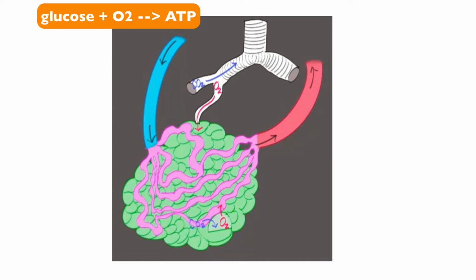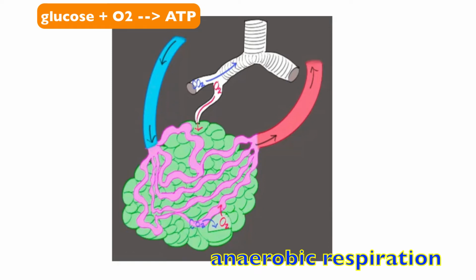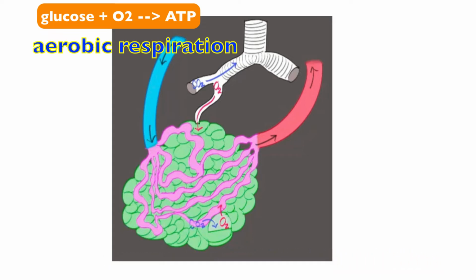I just want to clarify, our body is capable of making ATP in the absence of oxygen, and that is known as anaerobic respiration. Our body can produce ATP much more efficiently with oxygen and produce a lot more ATP with oxygen. So while our body is capable of making ATP without oxygen anaerobically, it's not as efficient.